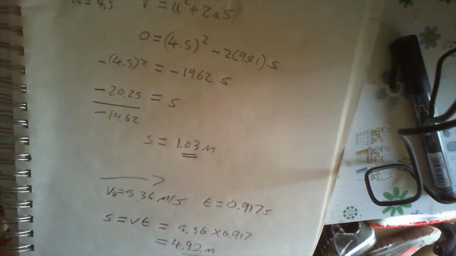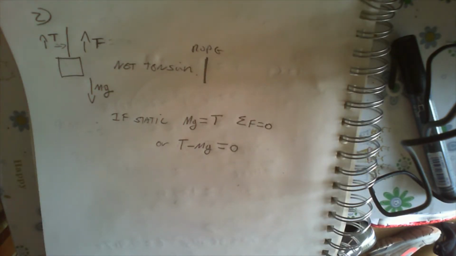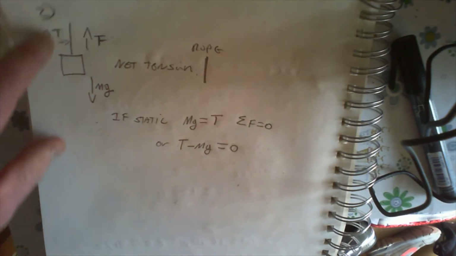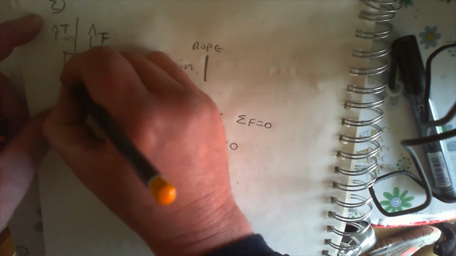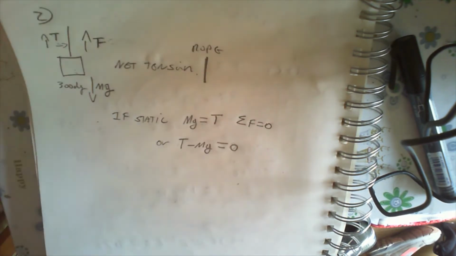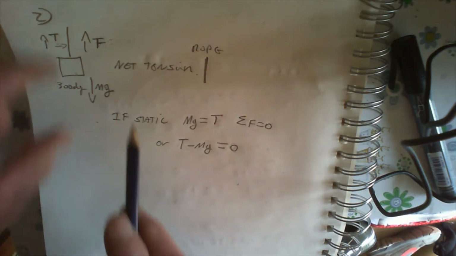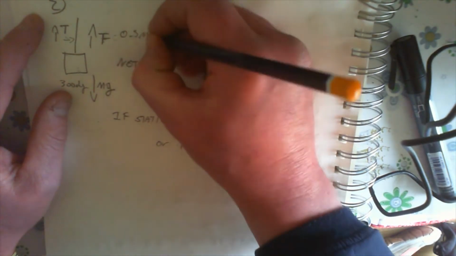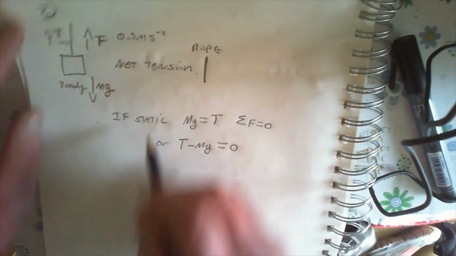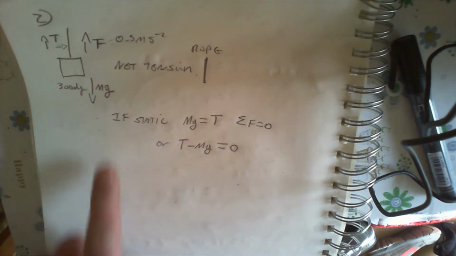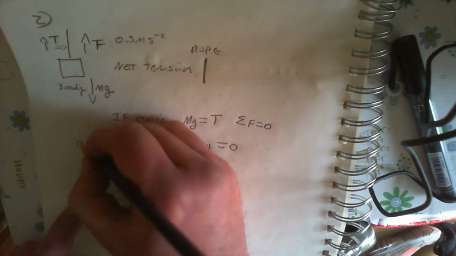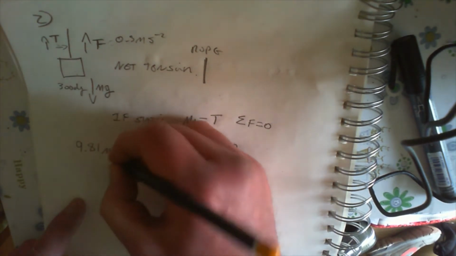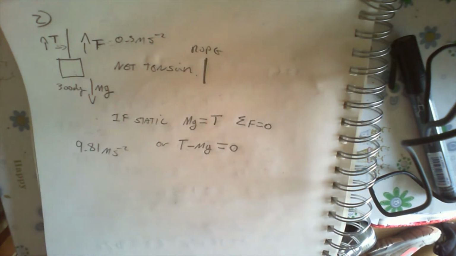Right, we'll go into question 2 now. This one here, you've got a weight, 3,000 kilograms, and it's getting accelerated up this way at 0.5 meters per second squared, and it's getting accelerated down this way due to gravity, 9.81 meters per second squared.